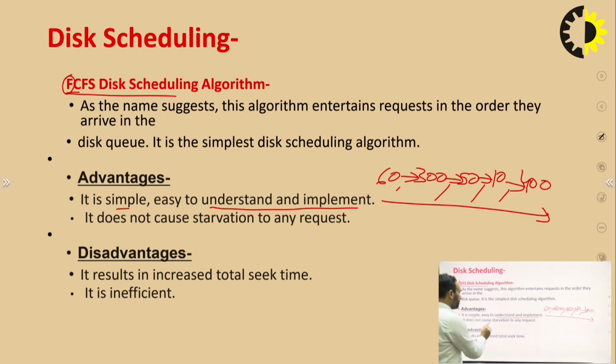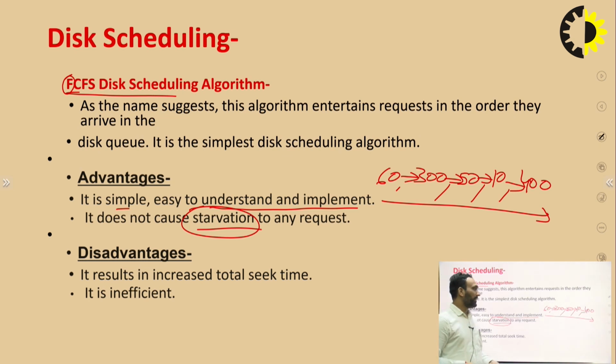It does not cause a starvation problem, because in other methods, for example if we go first to the left side and then to the right side, the head locations on the right side will wait until the head has moved through all the left side positions. So a starvation problem may arise if any requested location waits for a long time.